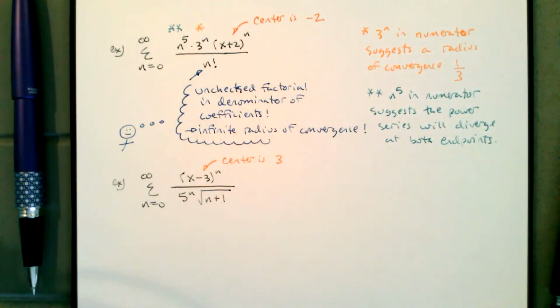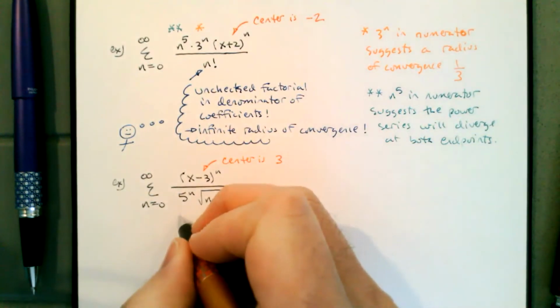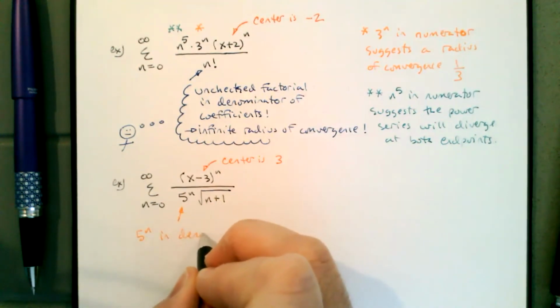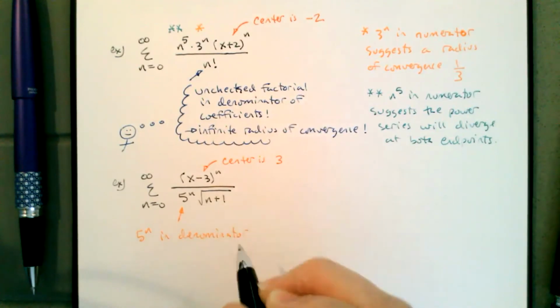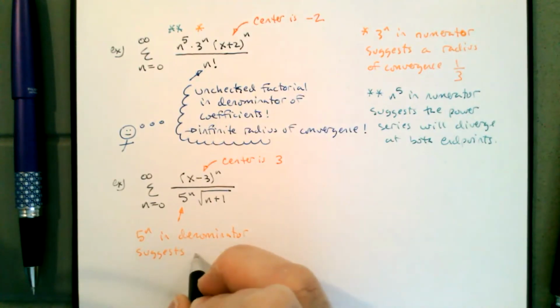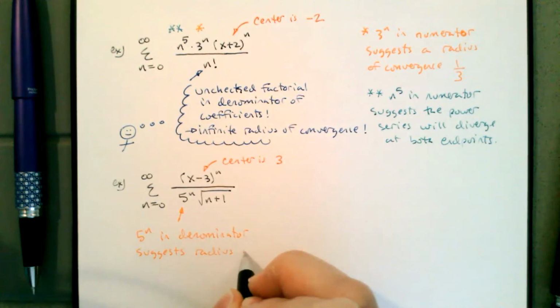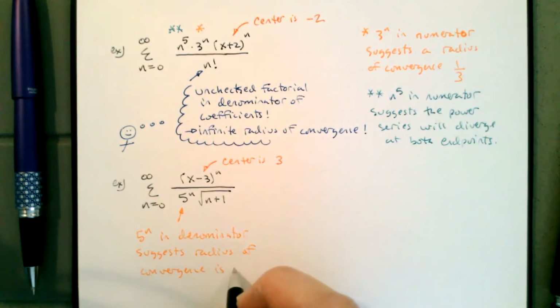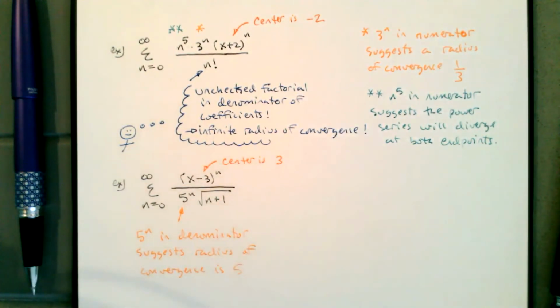The 5 to the n in the denominator suggests a radius of convergence of 5. And the square root of n plus 1 suggests the power series will converge at one endpoint conditionally and diverge at the other endpoint.